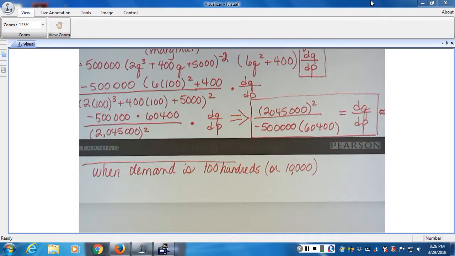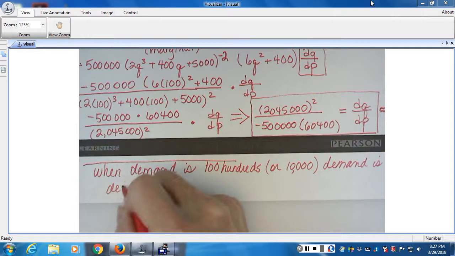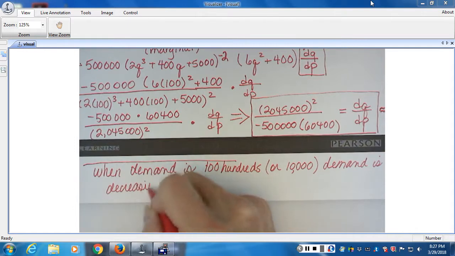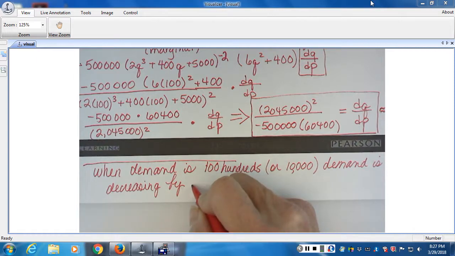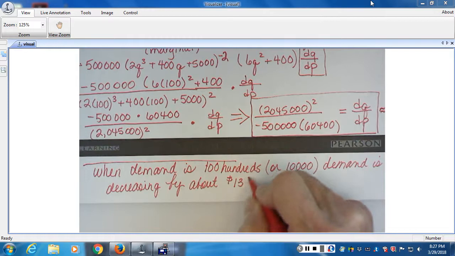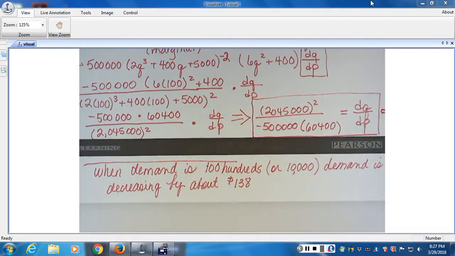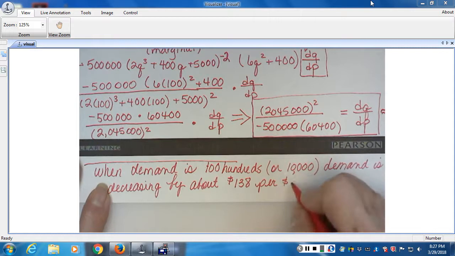Realistically, that's what hundreds is, 10,000. Demand is decreasing by about 138. And either use the word dollars, or put a dollar sign in there. Per $1 change in price.